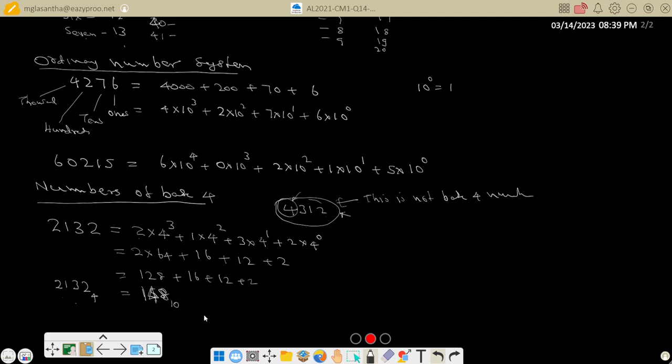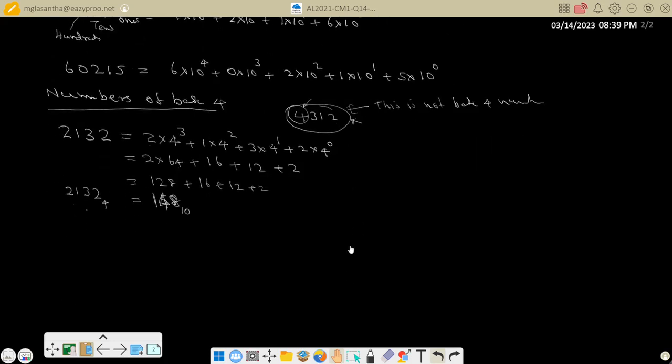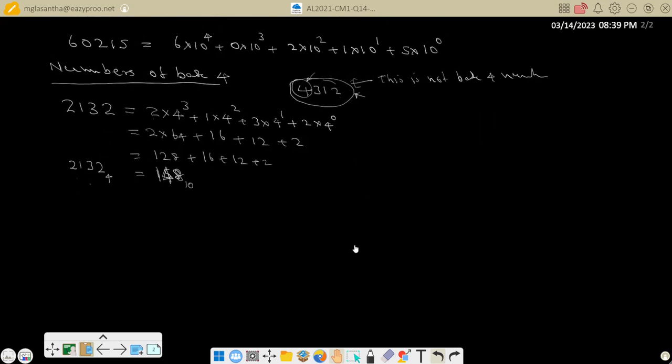So like that you can evaluate, right? Then how do you write any number in other bases in a similar way? Can you tell why we write 10 below the 148? 10 means it is under base 10.